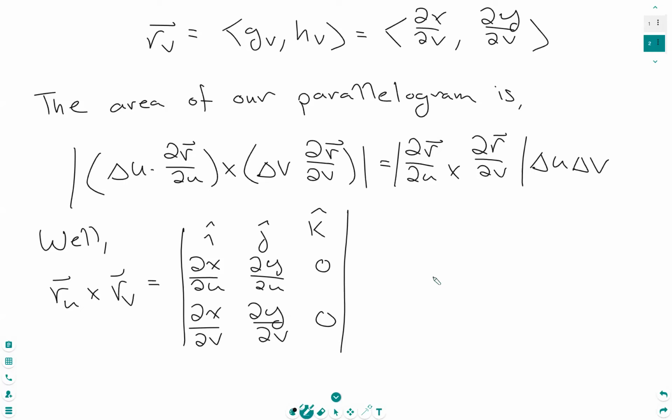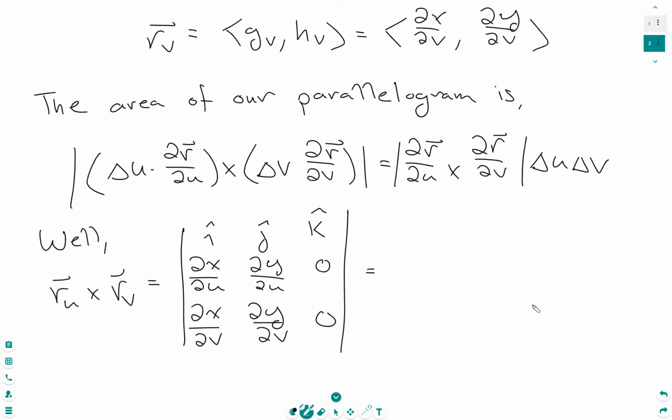So we can do this cross product out. But notice the way that we write this, if I look at my i hat component, I will end up with 0 because I have the 0 times a 0. For j, I get these two and these two, so I'll end up again with 0.